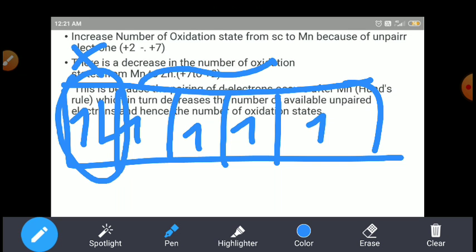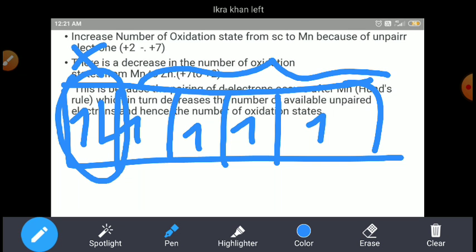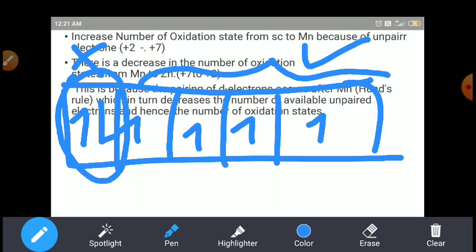Unpaired electrons, from the d orbitals or the outermost s orbital, participate in chemical reactions and exhibit the oxidation state.